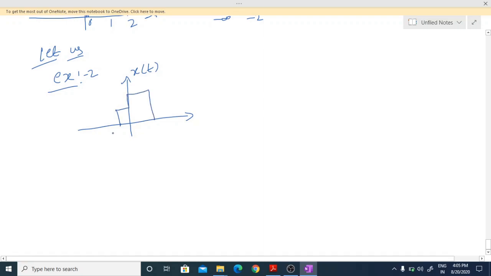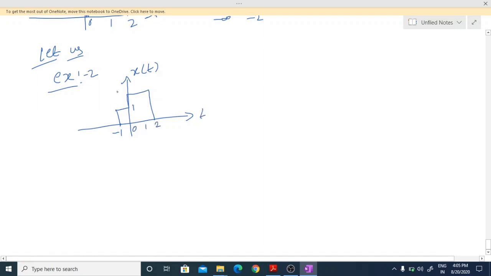We can also solve this example by mathematical equations. Let us take another example, example 2. Here I consider x of t as this signal.